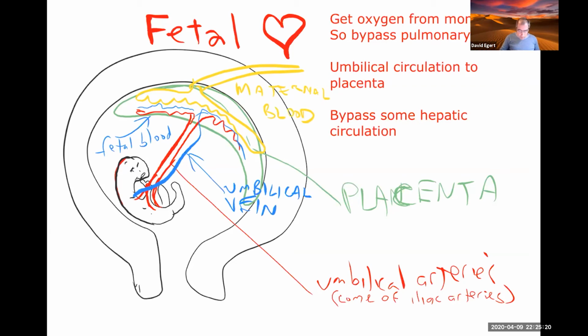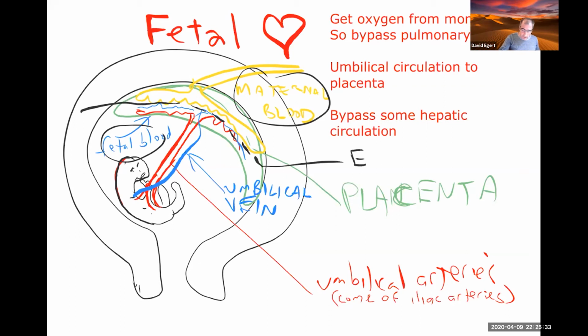Things to remember here is that the fetal blood and the maternal blood don't mix. There is just this place to exchange materials. So the fetal blood can get rid of wastes and carbon dioxide, and the maternal blood can pick it up and take it away.